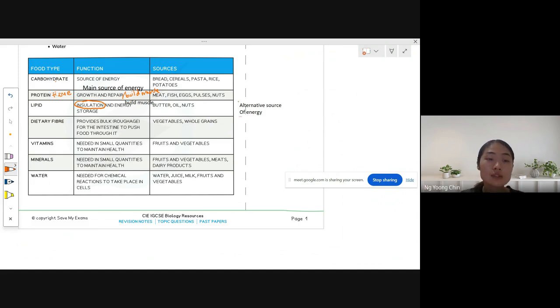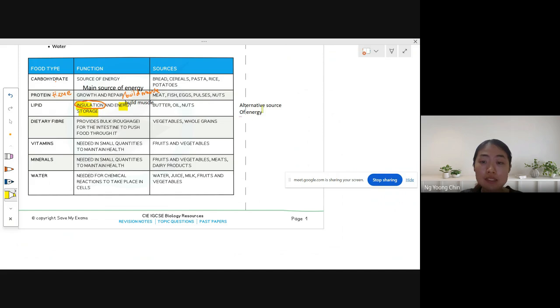Actually in our body, we have fat layers under our skin and also around our internal organs. They also help us to store energy. So it's for insulation and energy storage.